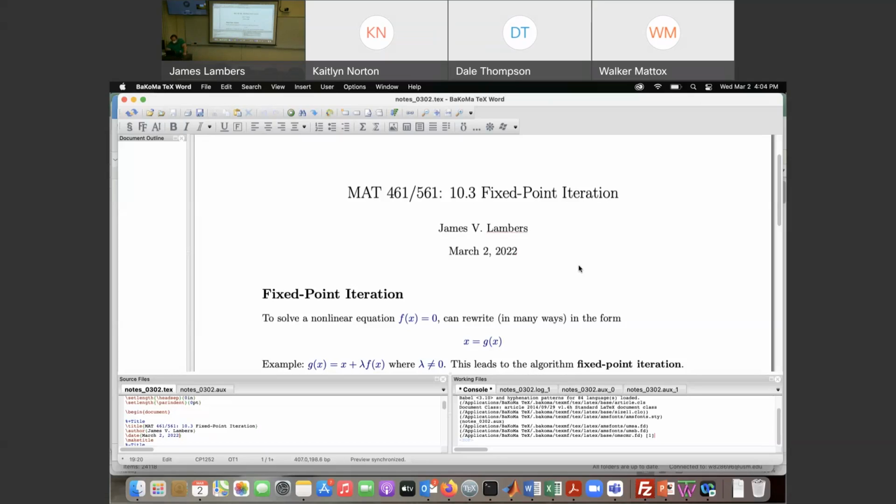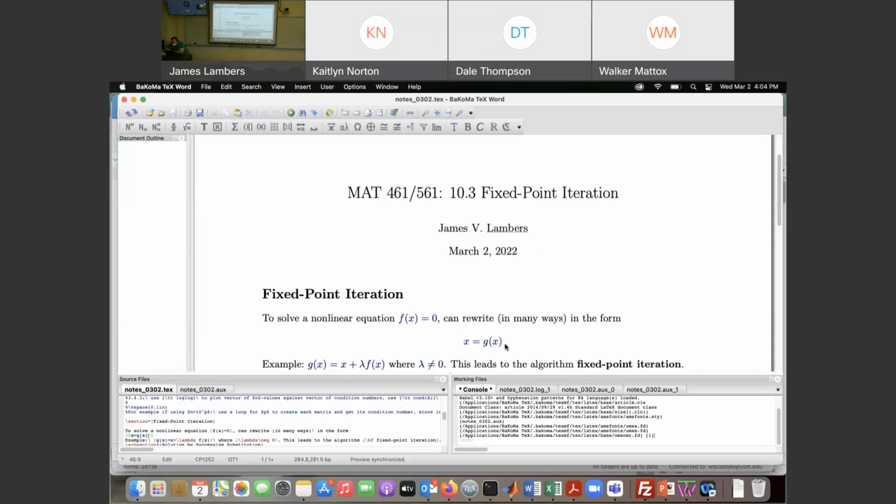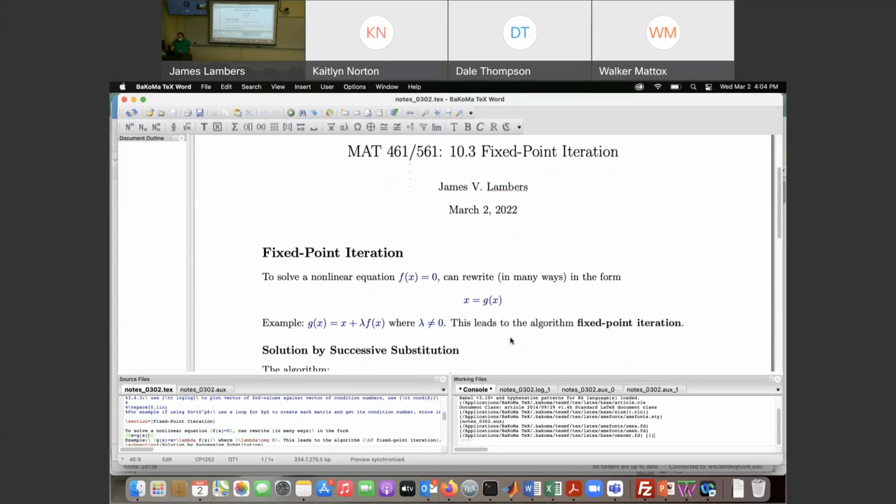Okay, so we're trying to solve f of x equals 0, and we write the equation in the form x equals g of x. Then we can use fixed point iteration, also known as successive substitution, to solve it.